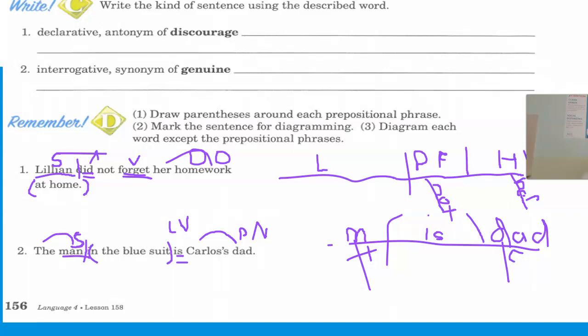Then what does synonym mean? Synonym means the same. So you're going to write an interrogative sentence that shows the same understanding of the word genuine. If someone is genuine, they are authentic, they are honest. So you're going to write an interrogative sentence.